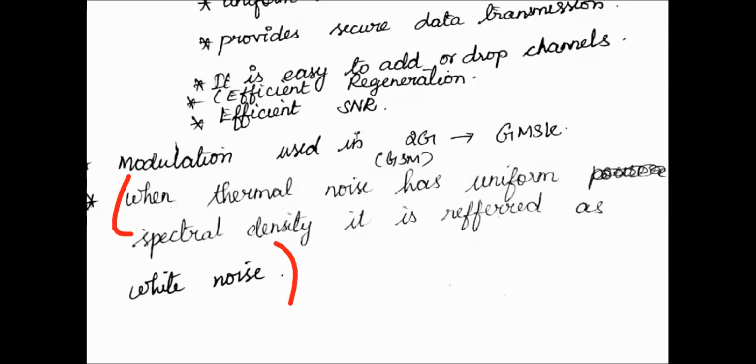Both have flat spectral density, but white noise is a mathematical model, because its frequency spectrum extends from minus infinity to plus infinity, whereas the thermal noise spectrum is concentrated only on the frequency of our operation, the frequency of the receiver.